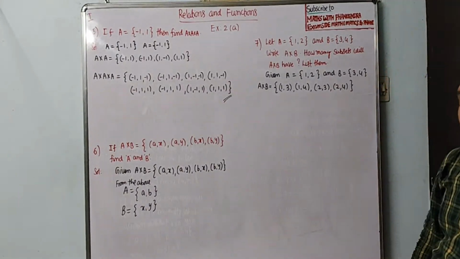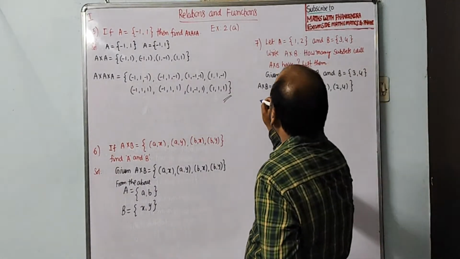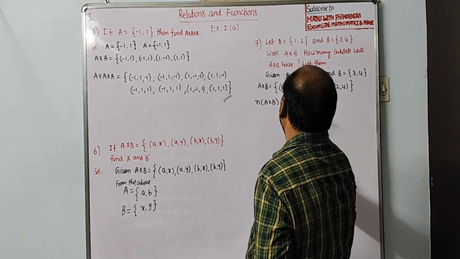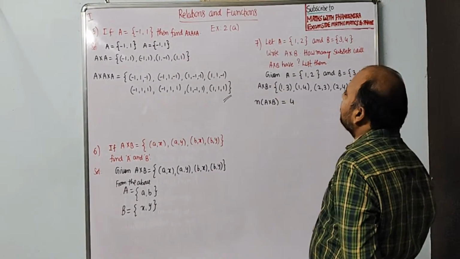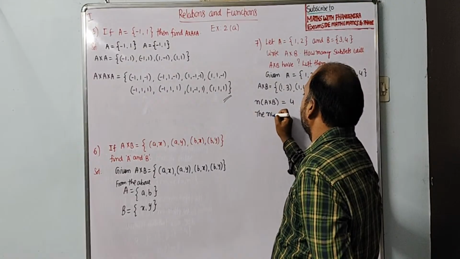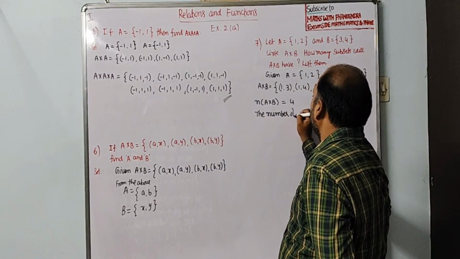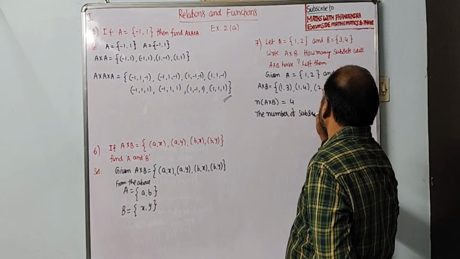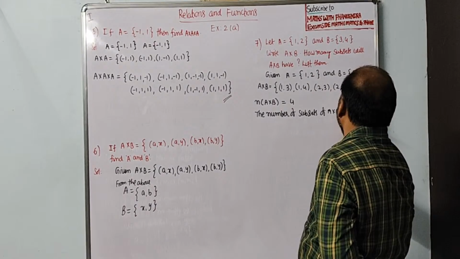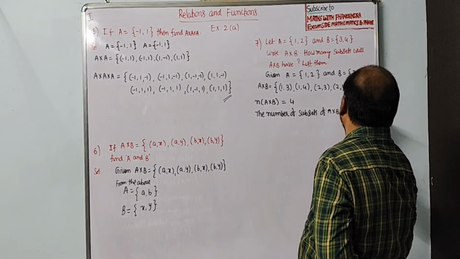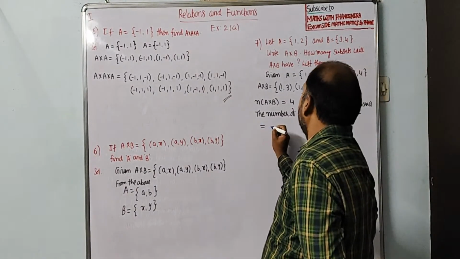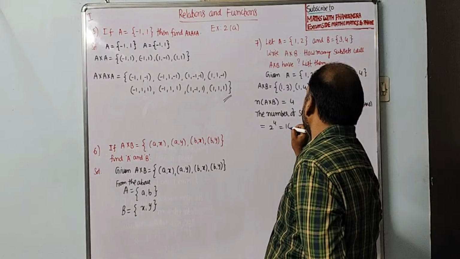How many elements does it contain? So n(A cross B) is equal to 4 elements. How many subsets will A cross B have? The number of subsets of A cross B is 2 power n(A cross B), which is equal to 2 power 4, that is equal to 16.